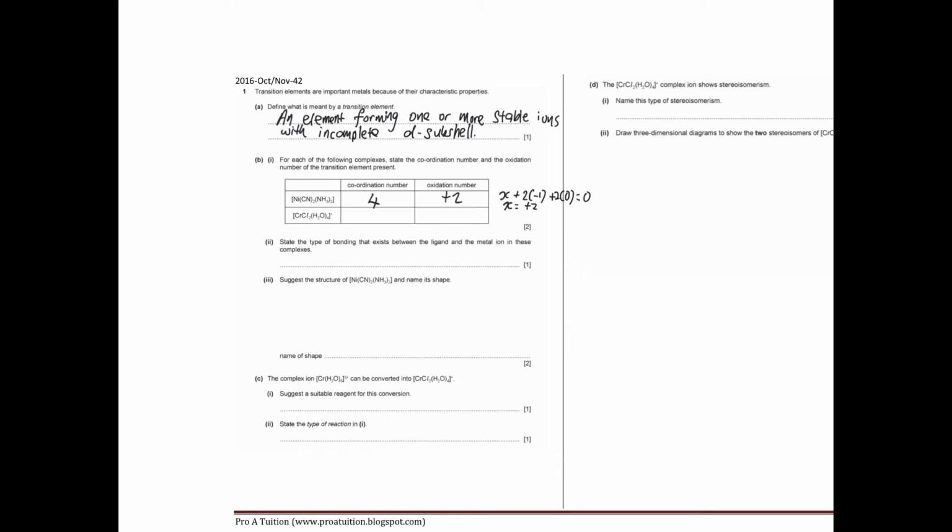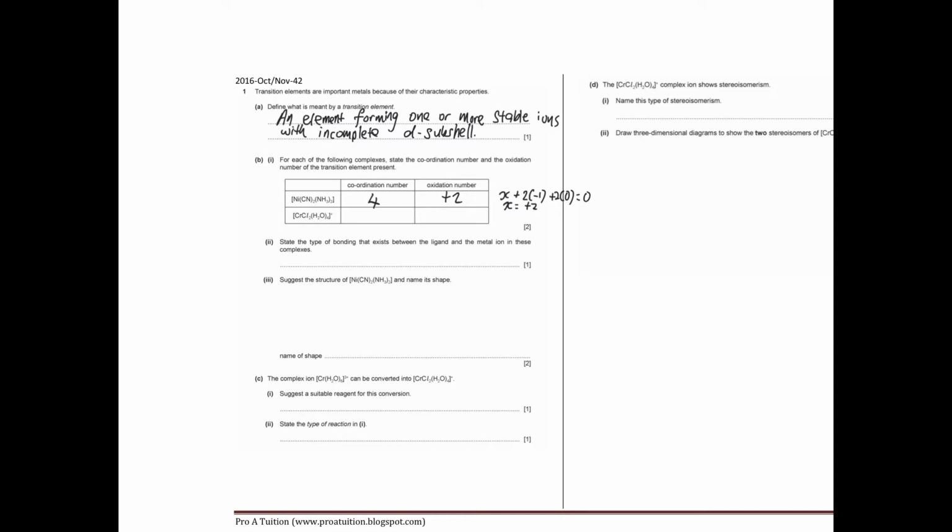That is the oxidation number. You must write +2, you can't write 2 only. 2 itself is wrong already. Make sure your plus or minus stays in front, not at the back. If you write charge, of course you write 2 minus, but if you write oxidation number, you write +2 or -2.